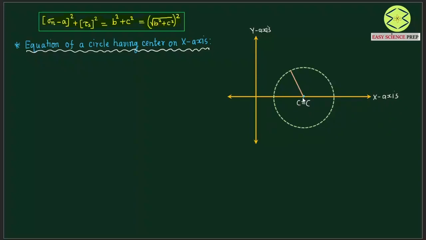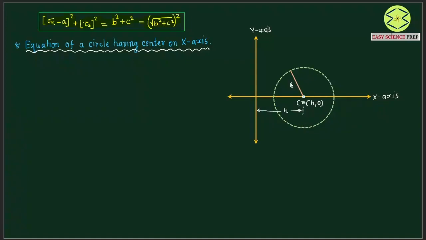Since its center is on the x-axis, it will have some x coordinate. Let's say the x coordinate is h. And since the center is on the x-axis, the y coordinate is going to be 0.